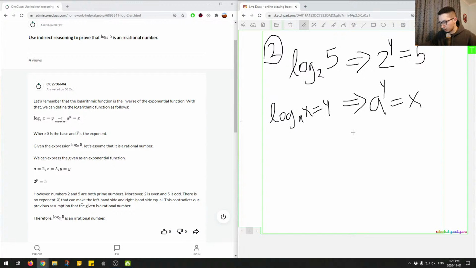So just based on looking at this over here, we can say that log 2 5 is irrational. I'm looking for the back button or the reverse button over here. I don't seem to find one. Oh, there it is.